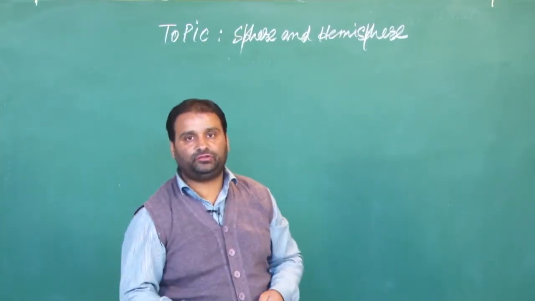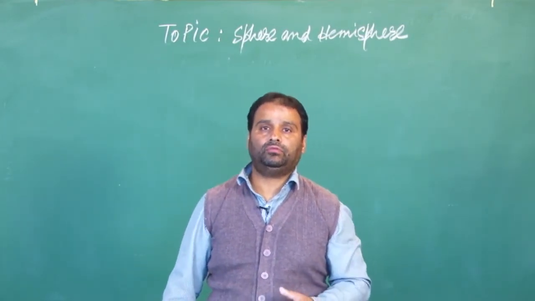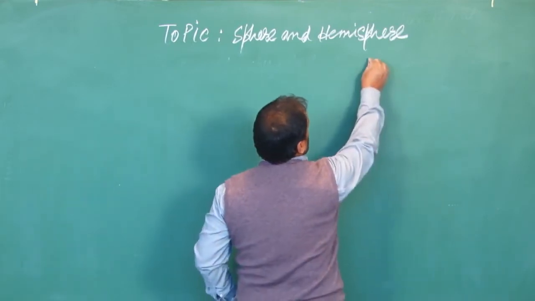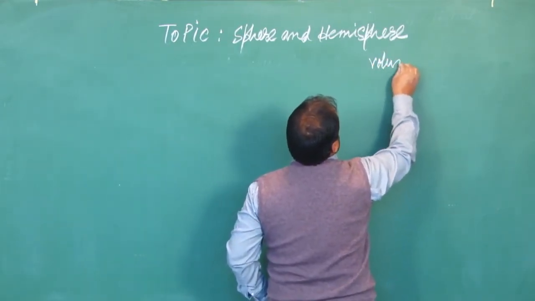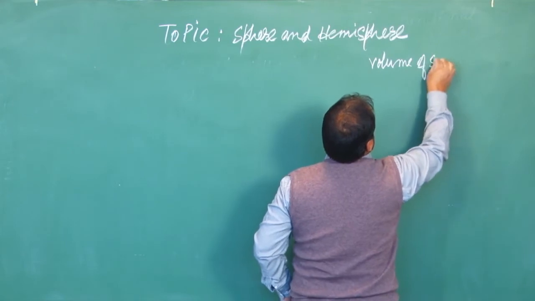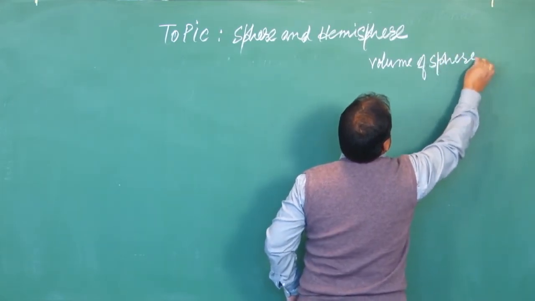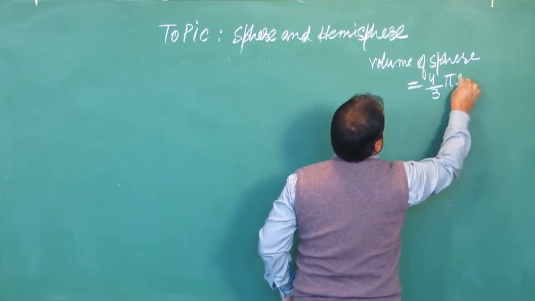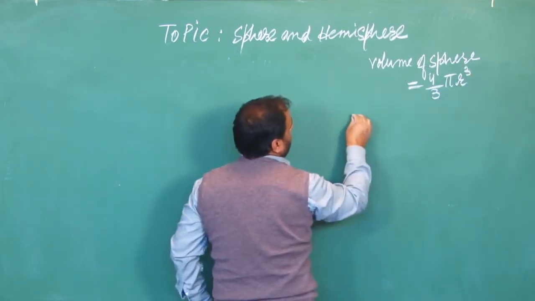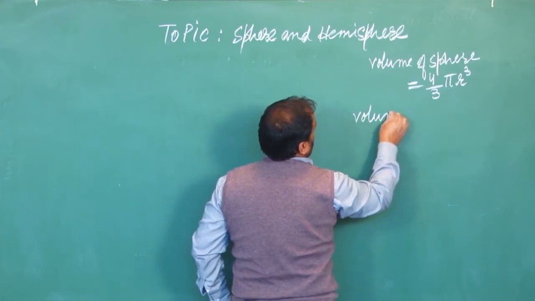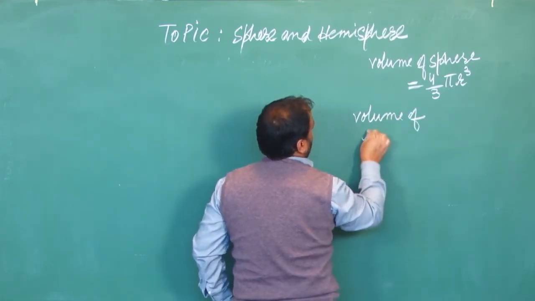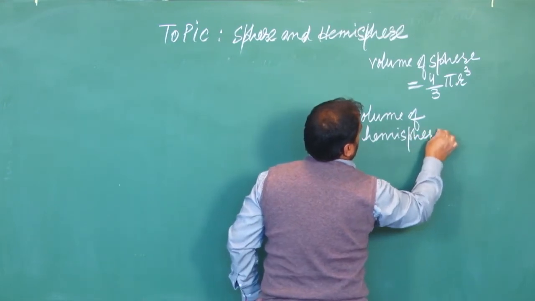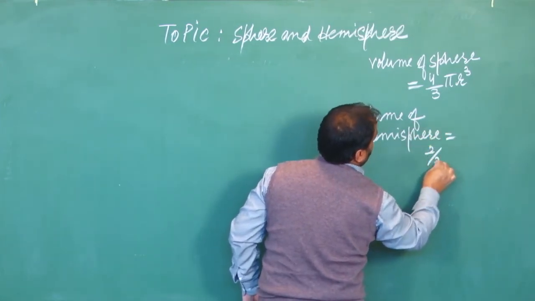Now, coming to another topic: volume of sphere and hemisphere. Remember that the volume of sphere is equal to 4 by 3 pi r cube, and the volume of hemisphere is 2 by 3 pi r cube.